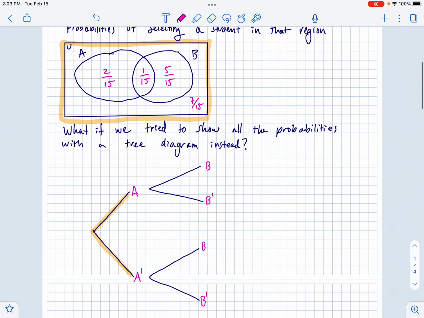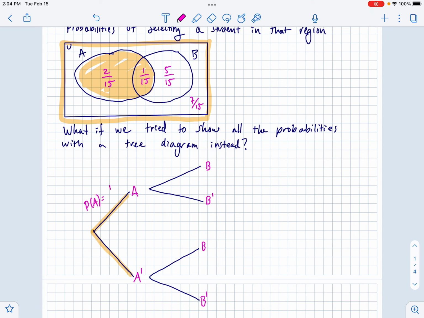So from this diagram up here, the probability that somebody takes art in general is this whole entire circle. That whole circle is 2 15ths plus 1 15th, which is 3 15ths, and 3 15ths is 1 5th.